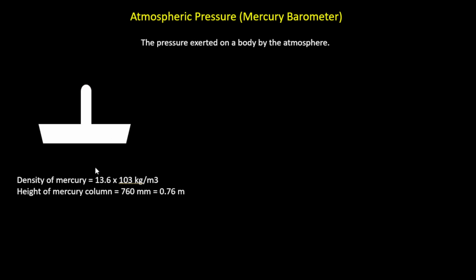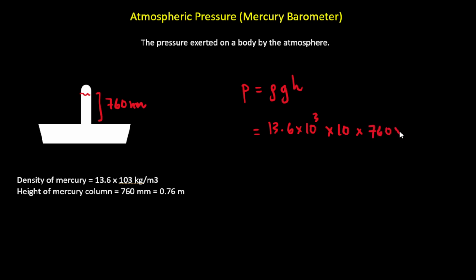Alright, so let's try to calculate the actual atmospheric pressure. P equals rho g h. The density of mercury is 13.6 × 10^3. Our acceleration due to gravity is 10, and the mercury column reading at normal conditions will always be 760 millimeters, which means 760 × 10^-3 meters, because we're converting it into meters for our calculation.